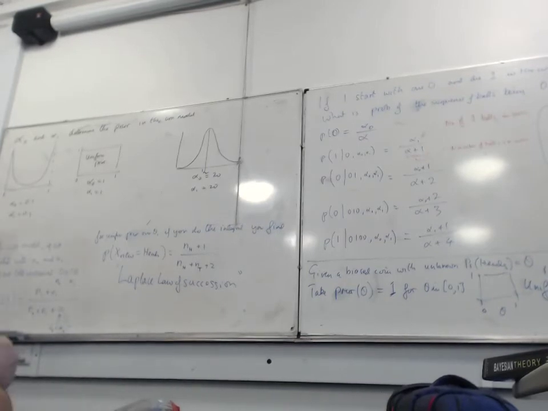Okay? Because think about this. If you draw a single 0, then the next time your probability of drawing 0 is 1 plus 0.1 over 1 plus 0.2.